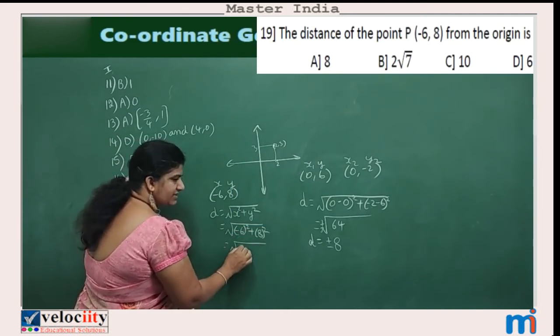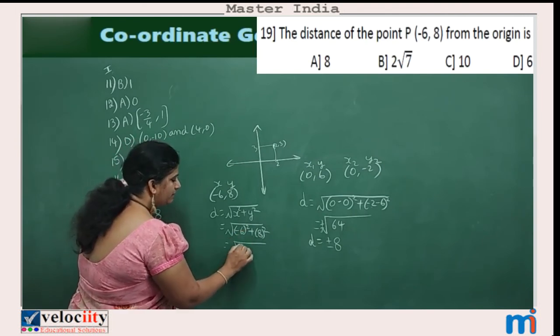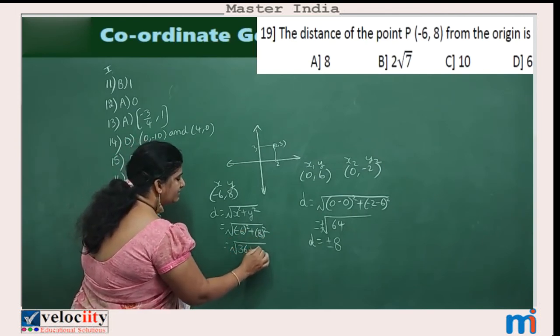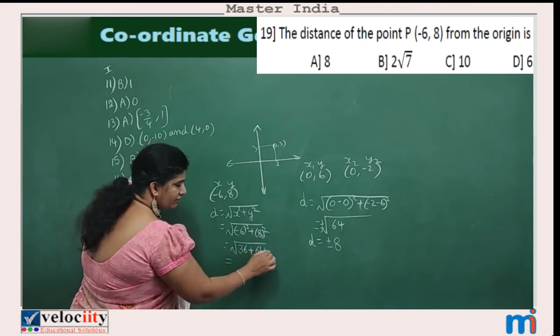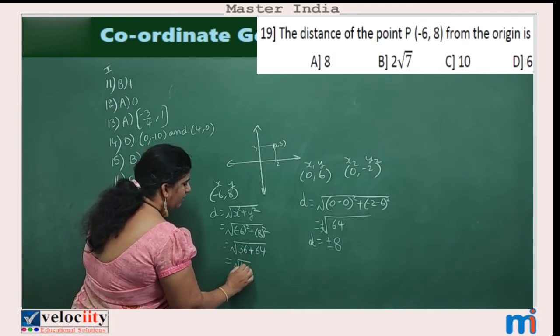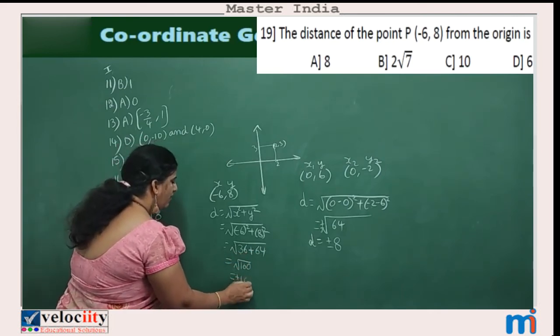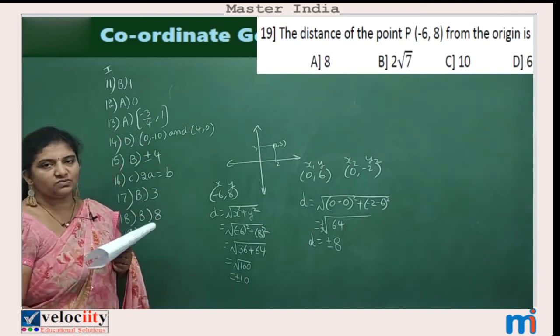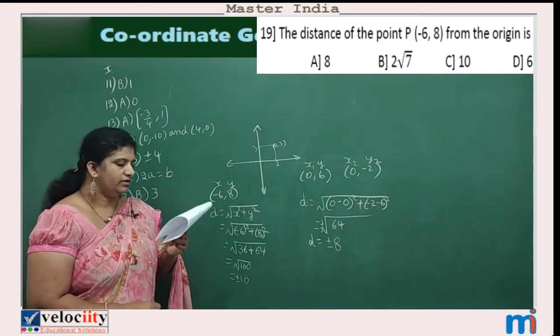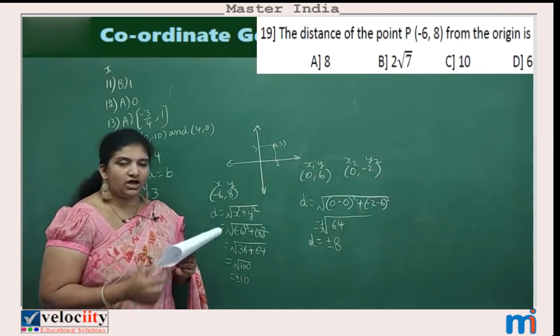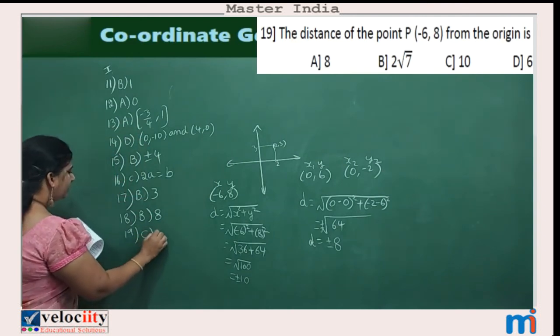Minus 6 into minus 6 will be plus 36. 8 8s are 64. 64 plus 36 will be 100. Square root of 100 is plus or minus 10 units. What is the distance from origin? 10 units. Where is your answer? Option C, 10.